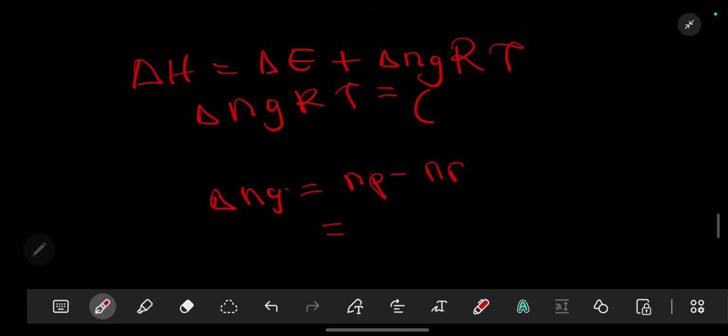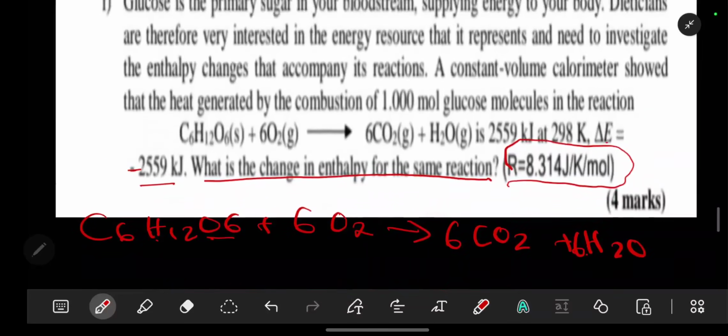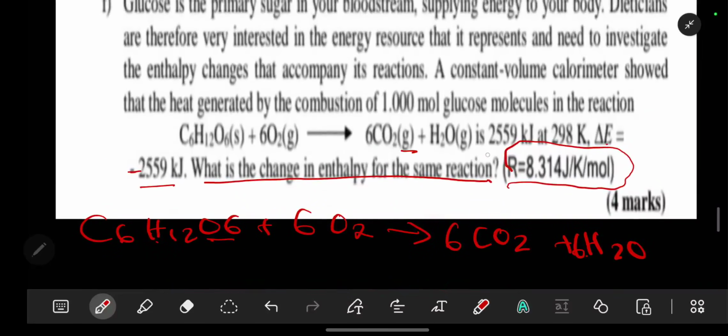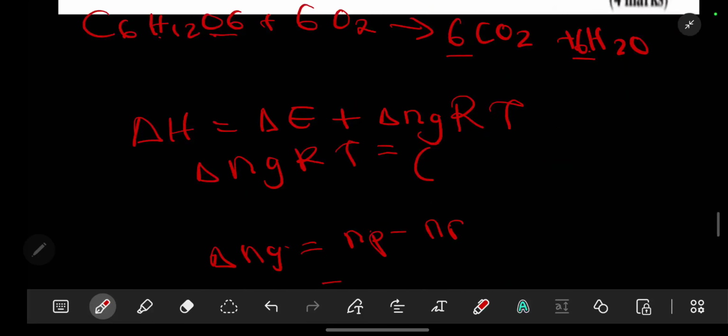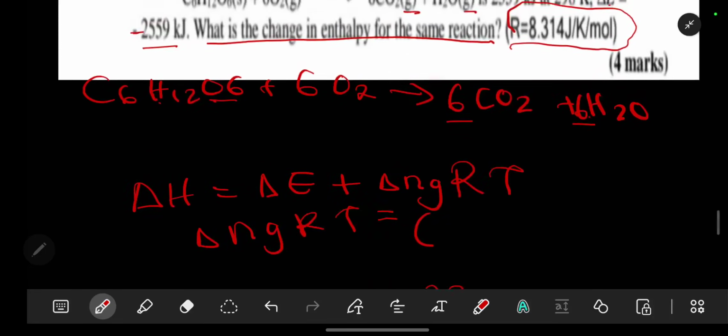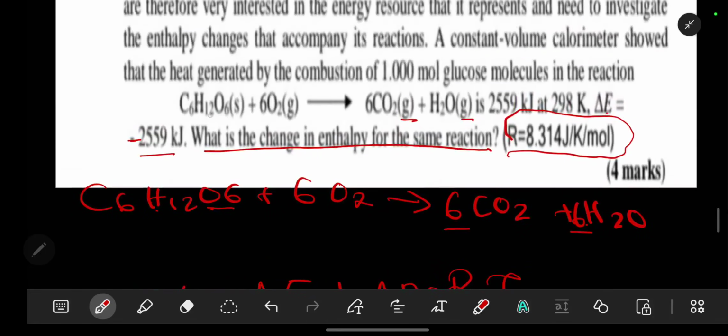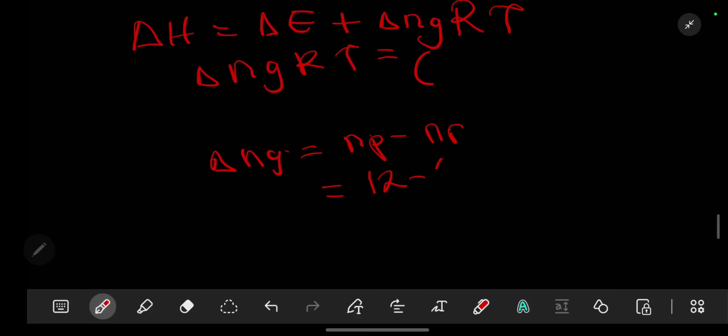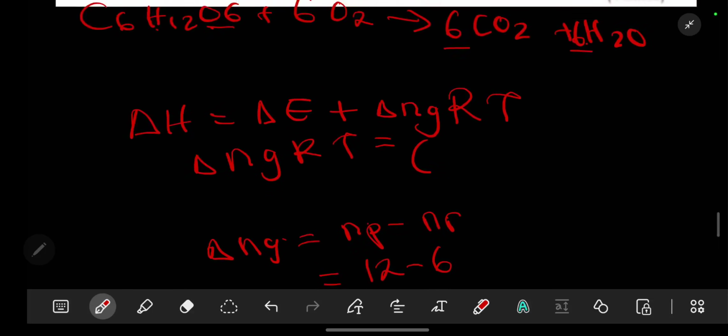For the products, this is the gas, so we have 6 plus 6, which is 12. So 12 minus the number of moles of gas in the reactants. Looking at the gas, we have 6. So 12 minus 6 gives us 6 moles of the gas. That is how we do that.